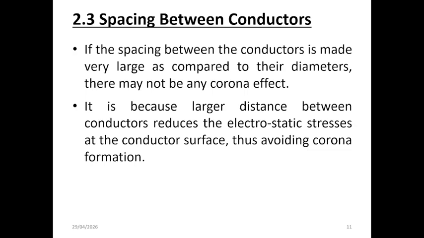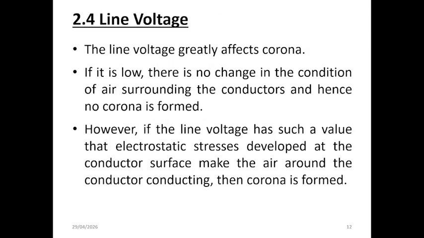The line voltage is one of the most significant factors affecting the occurrence of corona in overhead transmission lines. At low voltage levels, the electric field around the conductors is not strong enough to disturb the insulating properties of air, so no ionization takes place and the corona does not occur.